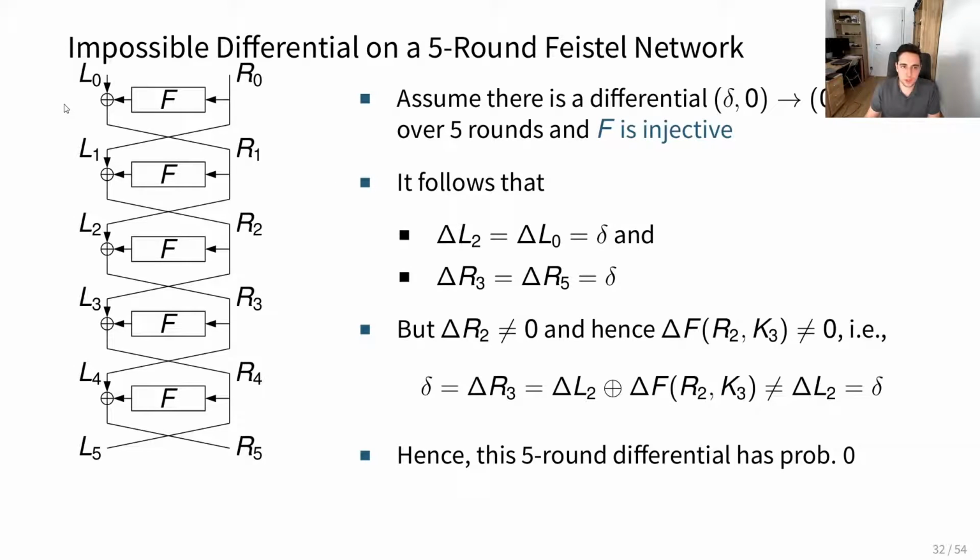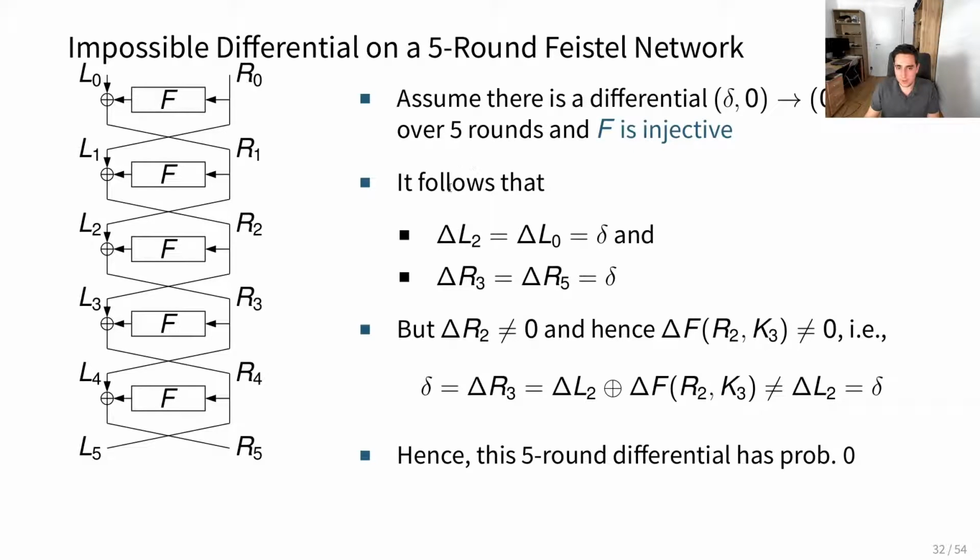So assume that we have a Feistel network, so this is essentially a two-branch Feistel scheme here. And let us say that f is injective. And now assume that there is some differential, for example this one, which maps delta 0 to 0 delta here, over 5 rounds.